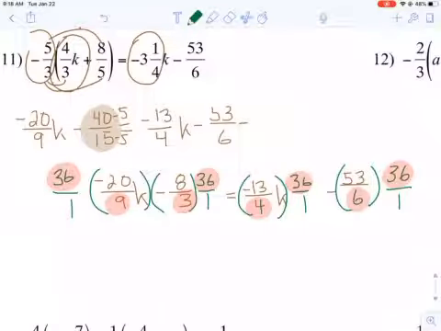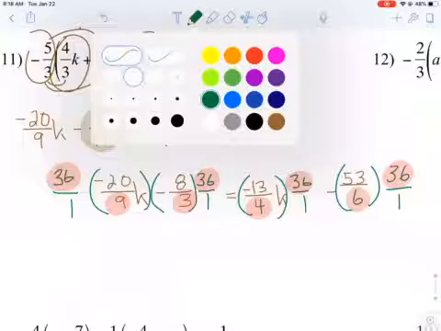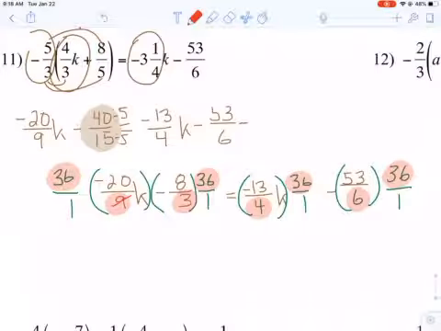Now if I had 36 over 9, that would simplify to 4, so that's what I'm going to do here. If I had 36 over 3, that would simplify to 12. If I had 36 over 4, that would simplify to 9. Then if I had 36 over 6, I would simplify that to 6.